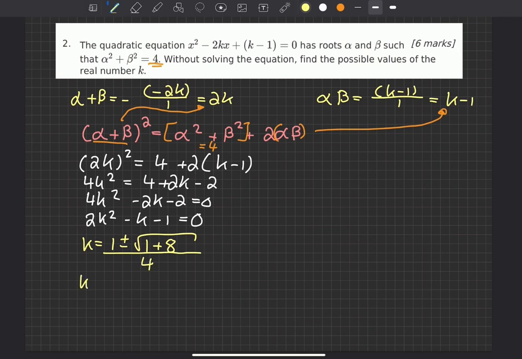And then k equals 1 plus or minus 3 over 4, which is k equals 4 over 4, or k equals minus 2 over 4. Therefore, k equals 1, and k equals negative a half. Pretty simple.